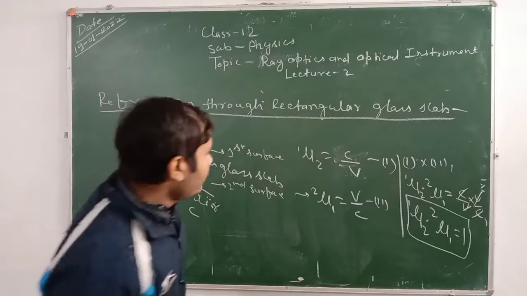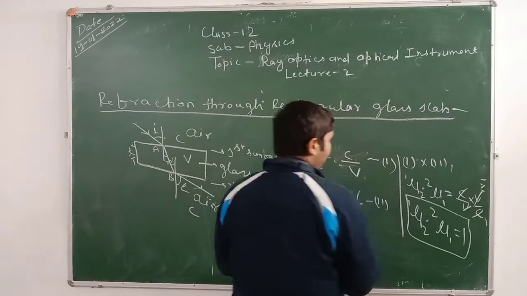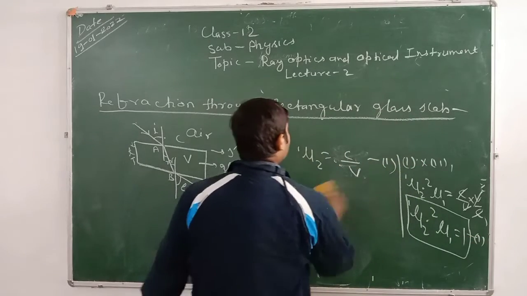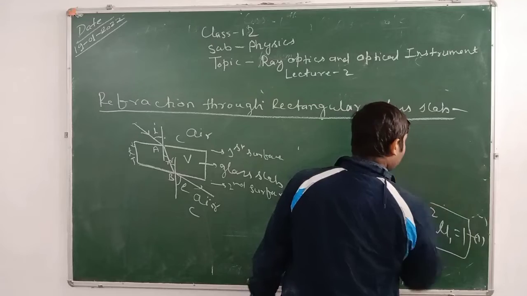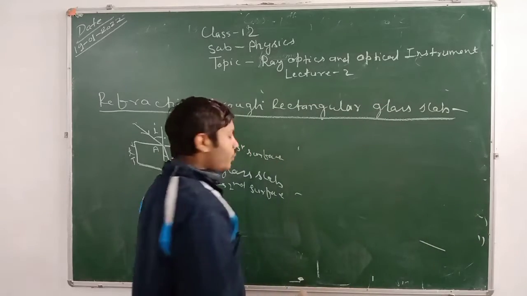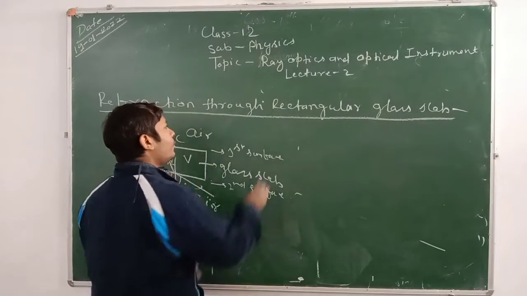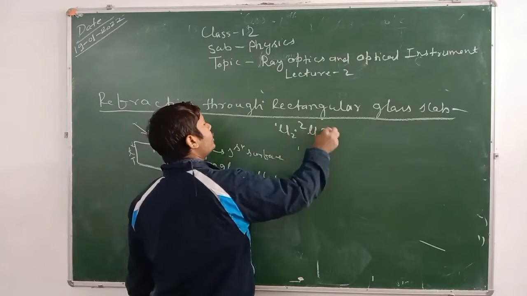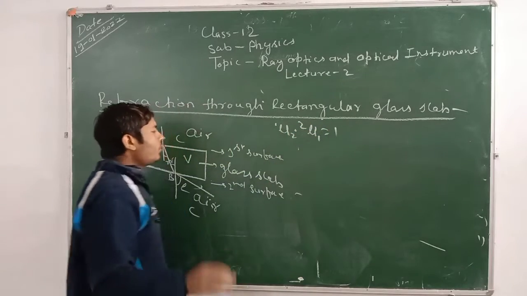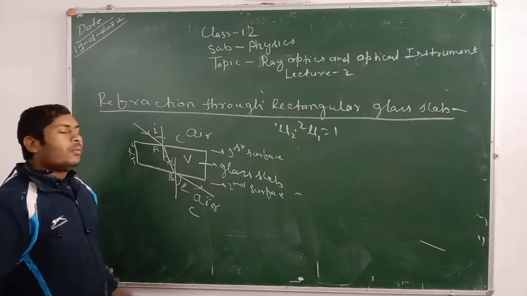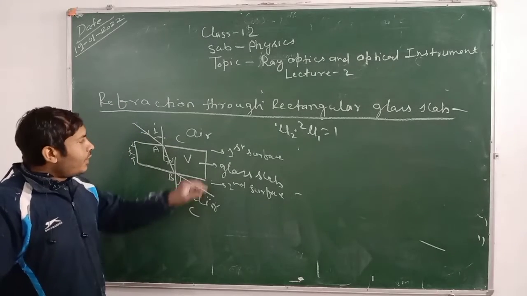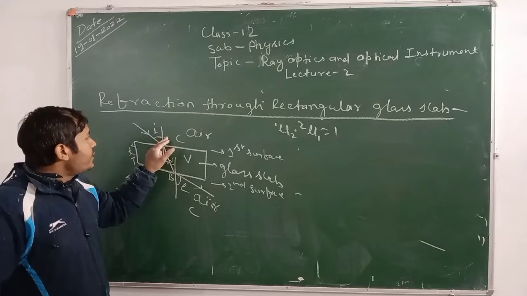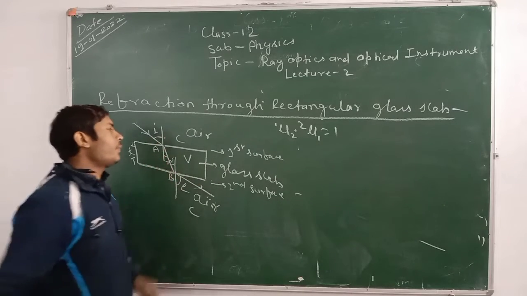Now, I am assuming it is equation 1. Now look. So we have derived one formula, that 1μ2 into 2μ1 is equal to 1. Now look. What is Snell's law on the first surface in the form of angle of incidence and angle of refraction?